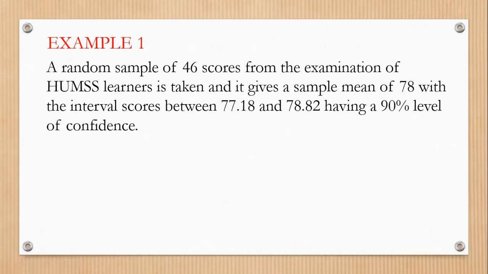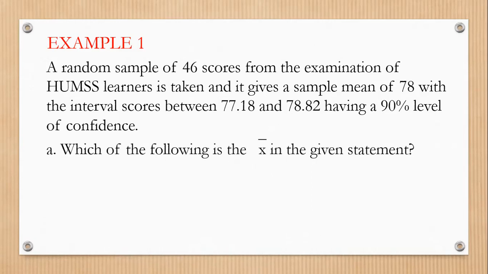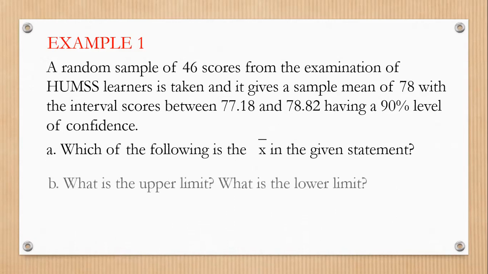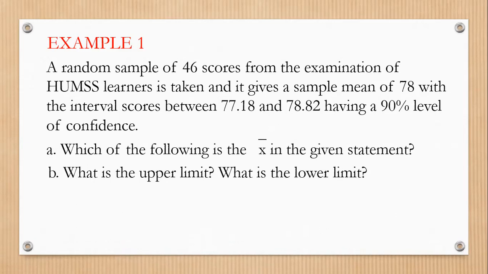A random sample of 46 scores from the examination of Hume's learners is taken, and it gives a sample mean of 78 with the interval scores between 77.18 and 78.82 having a 90% level of confidence. So which of the following is the mean in the given statement? So which do you think is the mean?